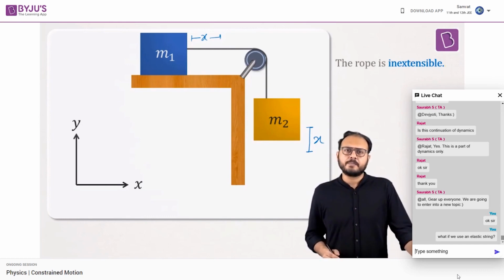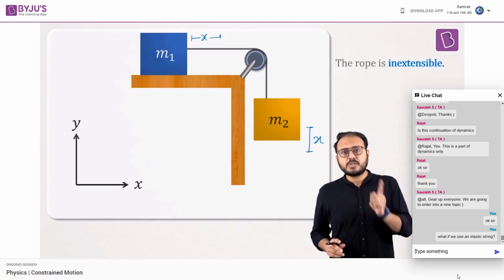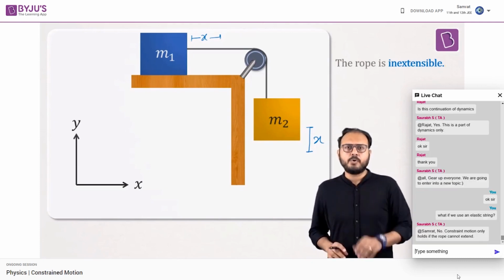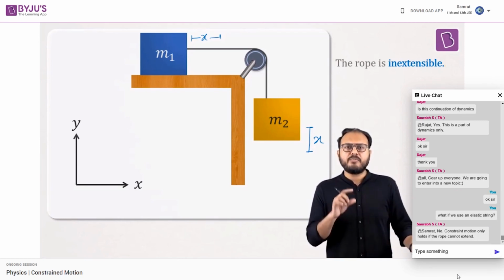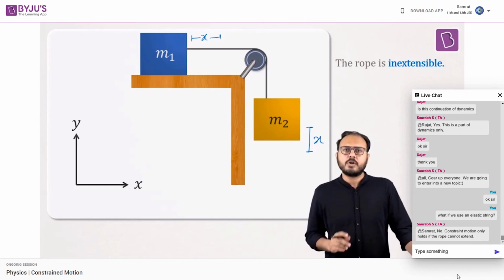What is the constraint here? Constraint is inextensibility. And what is the consequence of the constraint? The consequence is that both M1 and M2 have to move exact amount of distance in their respective direction to keep the length constant.